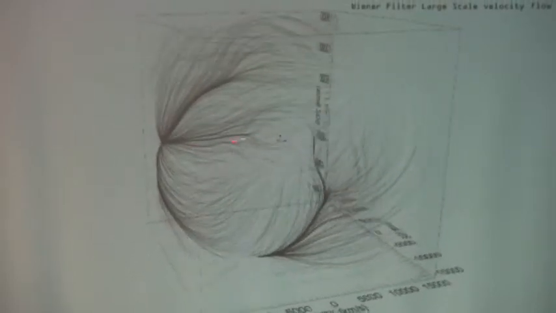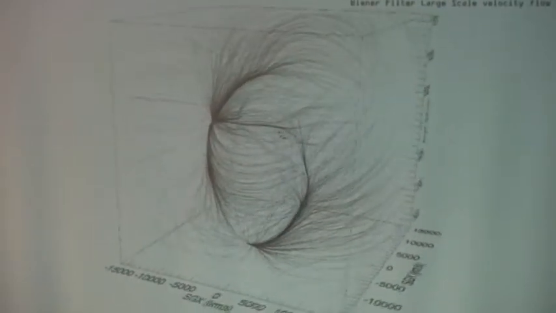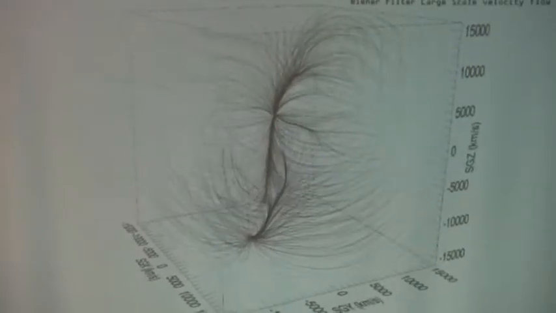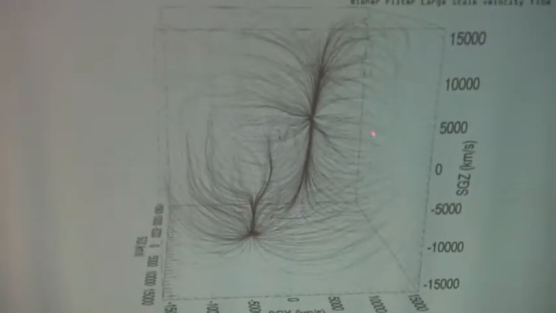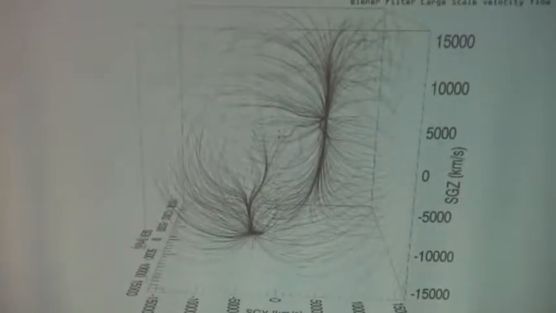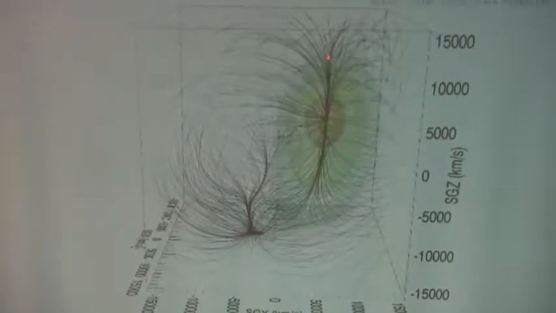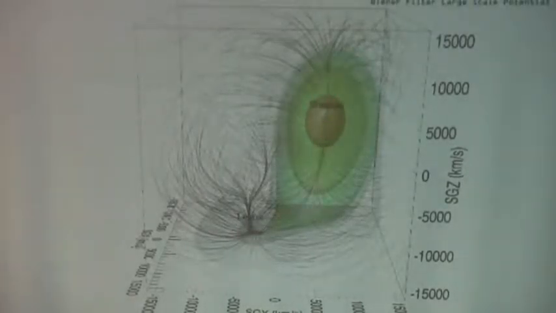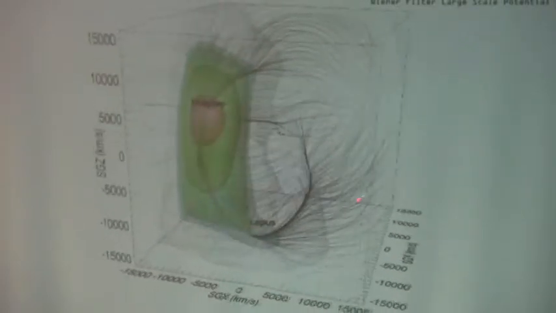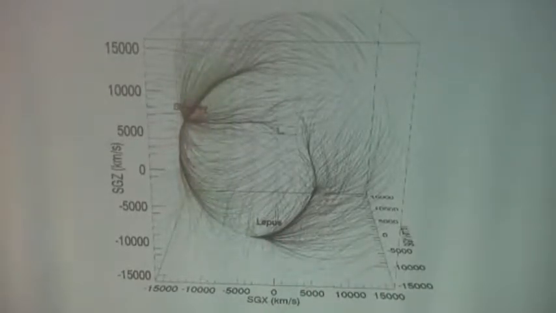All these filaments are actually tracing geodesics, they're tracing the motion of galaxies at the tips of these filaments, which are moving towards a certain region, which is called the Shapley supercluster at 200 megaparsecs from us. And all these filaments are showing how those galaxies are moving.